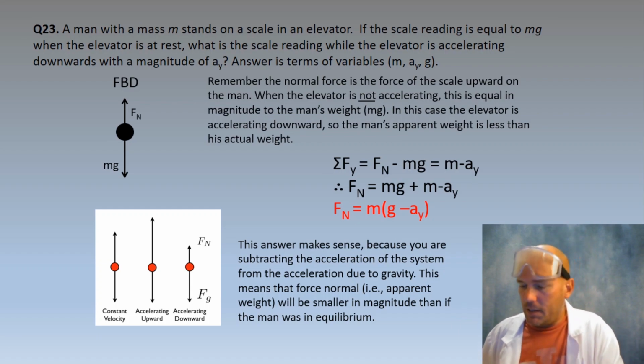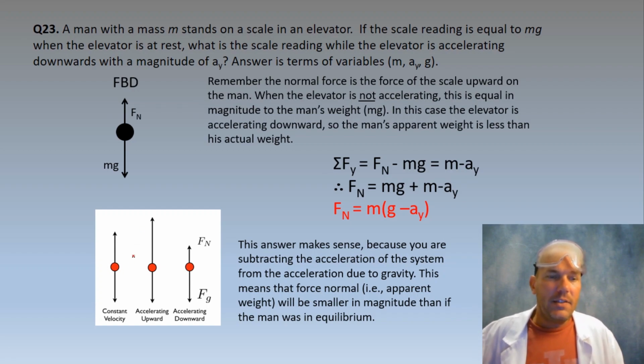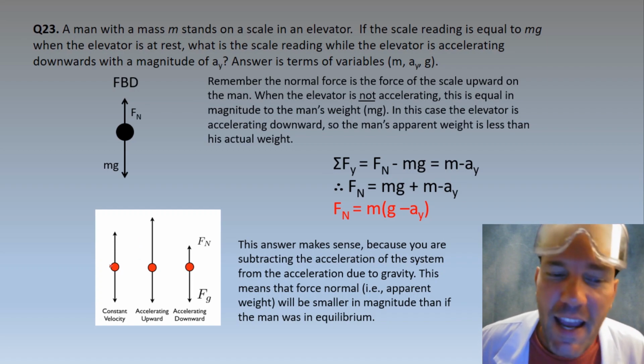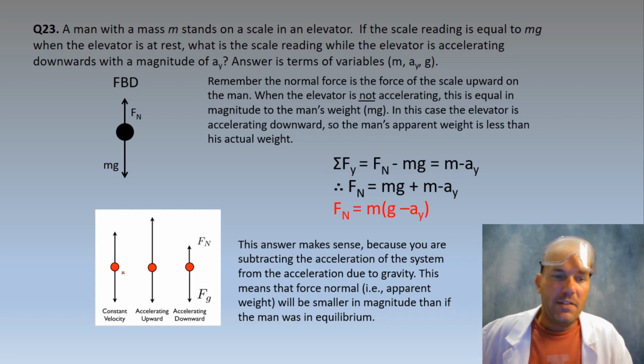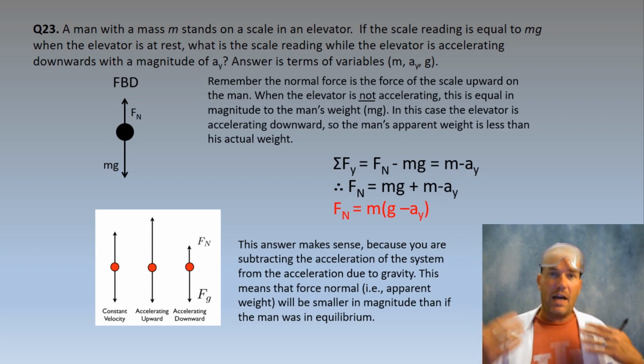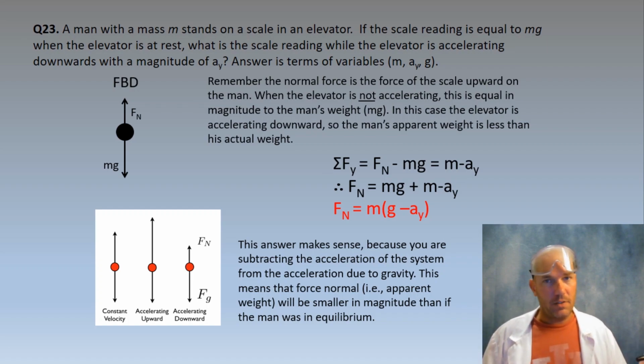Okay, so let's look at these left to right here. Constant velocity. This free body diagram is the exact same as a 0 movement. So either constant velocity or just stationary, not moving up, not moving down. Okay, so velocity equals 0. Doesn't matter.